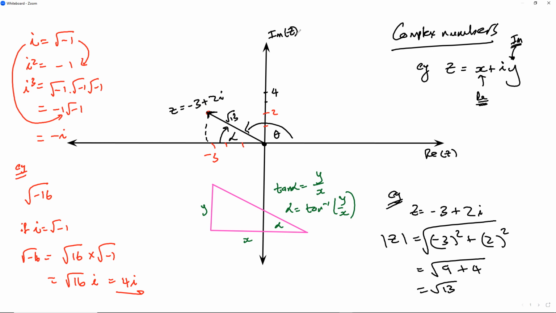But I can see that my y value is the value over here, which is going to be 2. That's going to go in place of y, and that's going to go in place of x. And so if I have to calculate that part there, possibly taking the positive of 3, either way, if I take shift tan on a calculator of 2 divided by -3, so grab a calculator and do shift tan of 2 divided by -3.